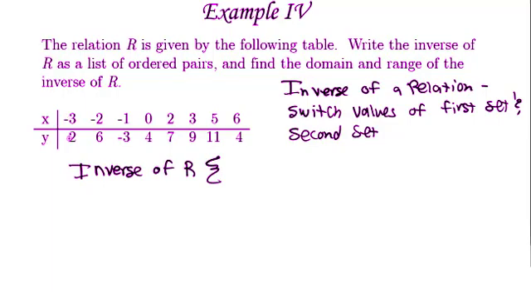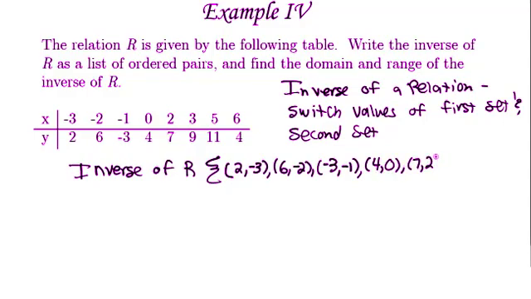So instead of writing the ordered pairs minus 3, 2, minus 2, 6, I'm going to write it the opposite way. 2, negative 3, 6, negative 2, negative 3, negative 1, 4, 0, 7, 2, 9, 3, 11, 5, and right down here, I will put 4, 6.